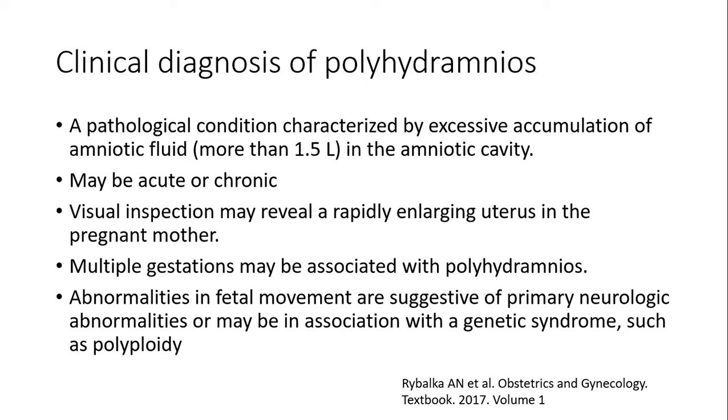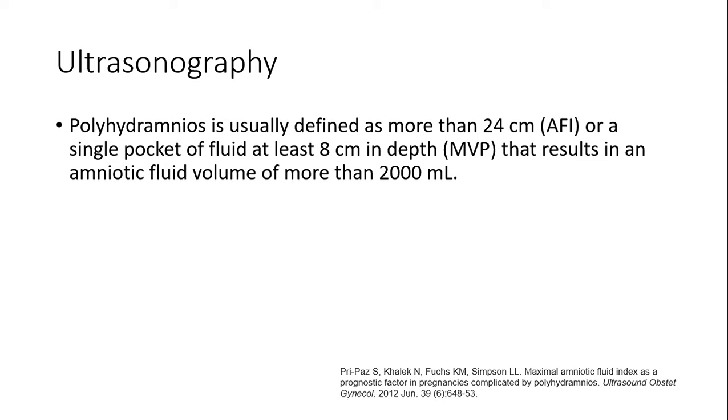Abnormalities in fetal movement are suggestive of primary neurological abnormalities and may be associated with a genetic syndrome such as polyploidy. Ultrasound is usually of help, and as we mentioned before, 24 centimeters and more in AFI is considered to be polyhydramnios.